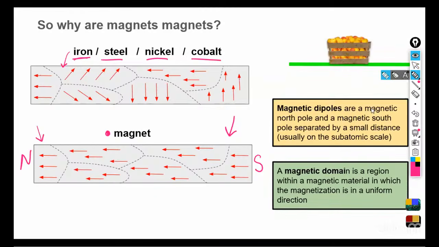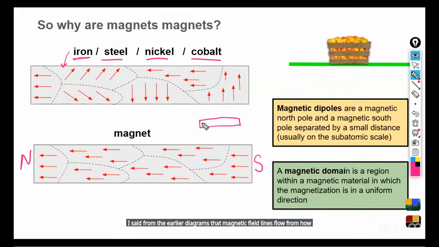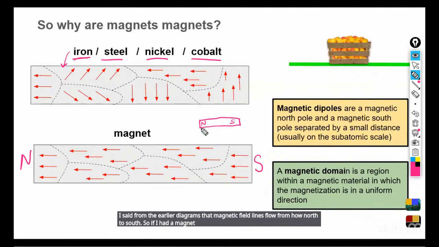I said from the earlier diagrams that magnetic field lines flow from how? North to south. So if I had a magnet like this, this would be the north and this is the south. The arrows that represent the magnetic field lines flow from north to south.